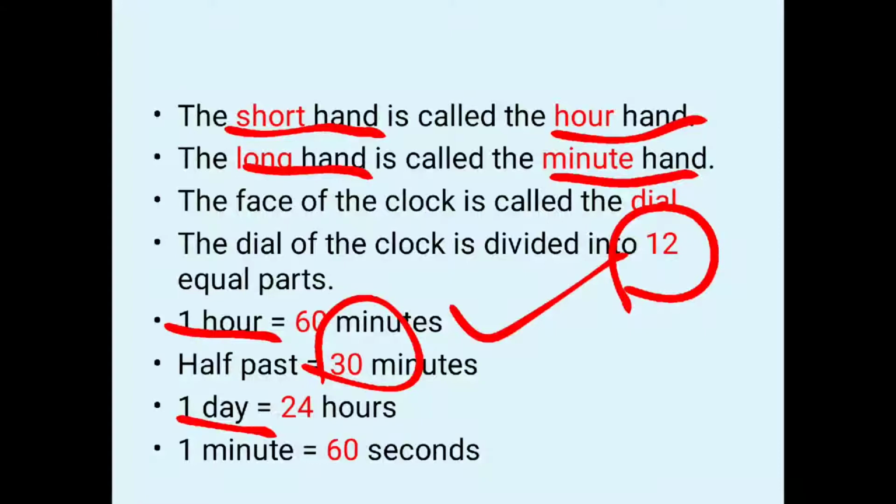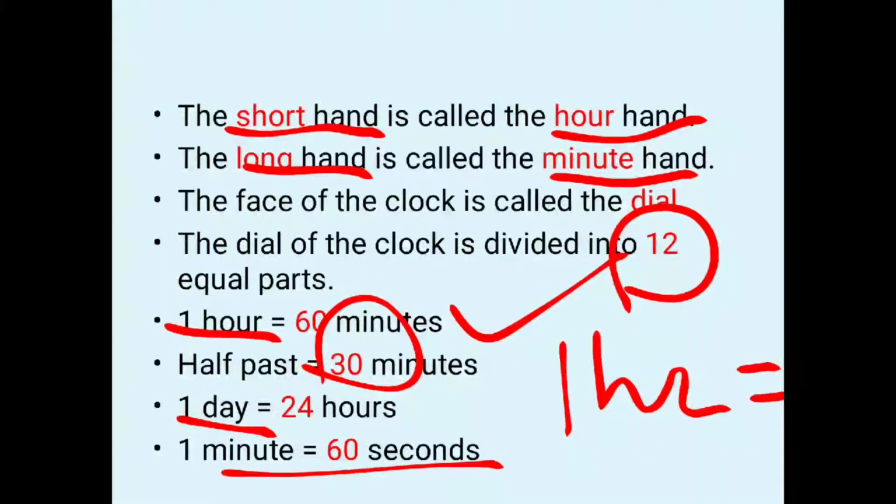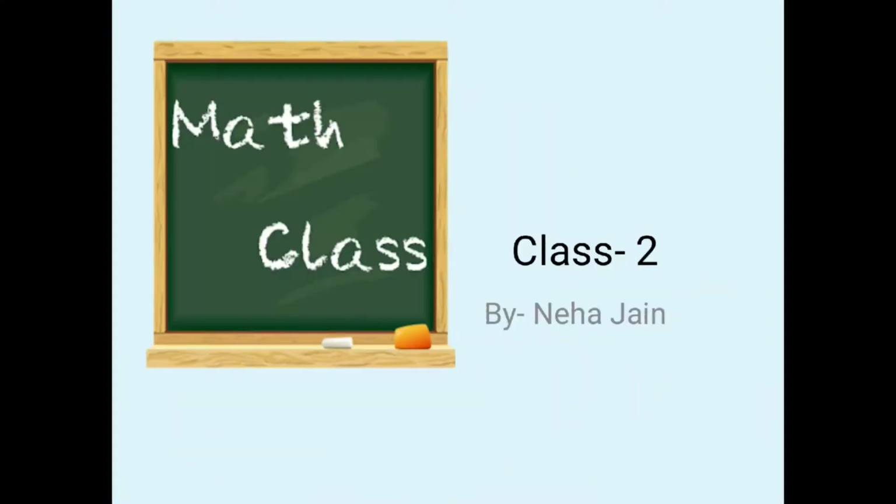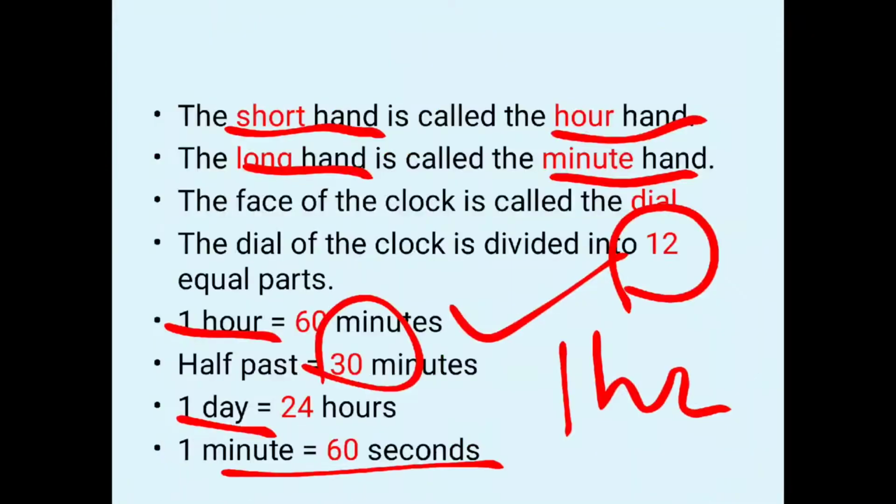I know you will say ma'am, in a day there are 12, but 1 day means the whole day and night. In 1 hour there are 60 minutes, and in 1 minute there are 60 seconds. Do remember.